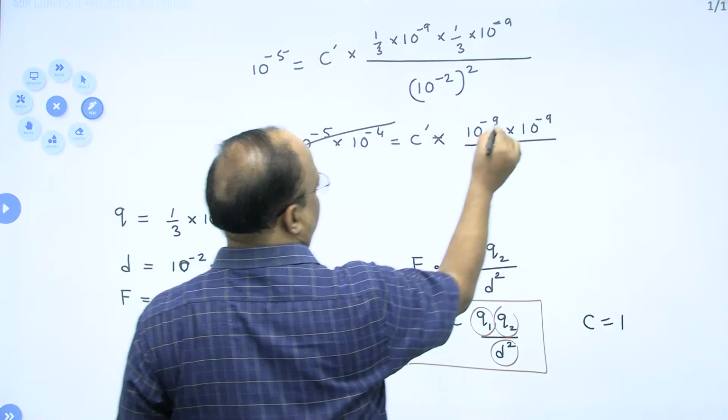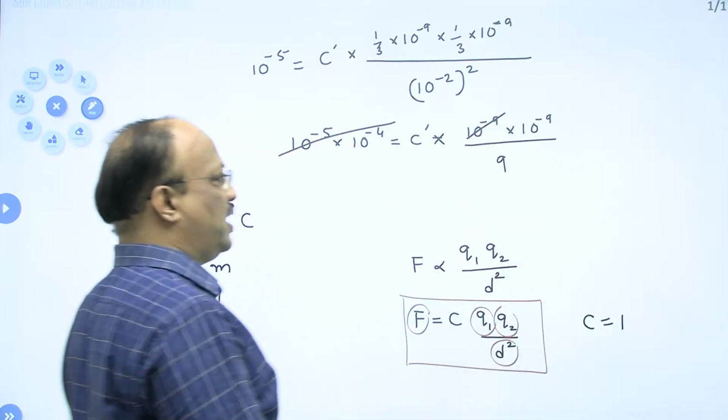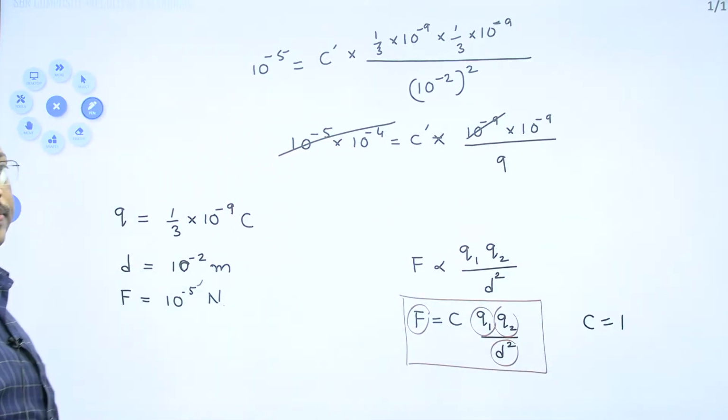So the 10 to the power of minus 9 cancels.